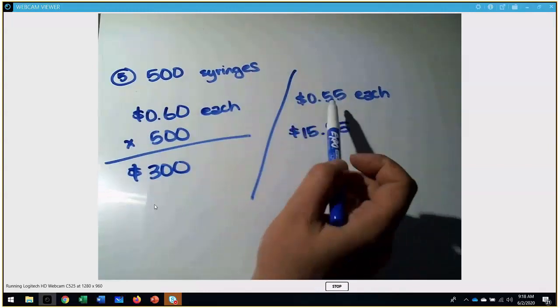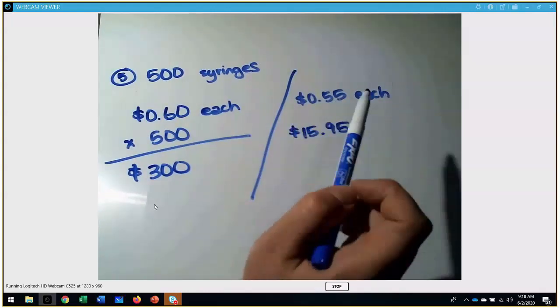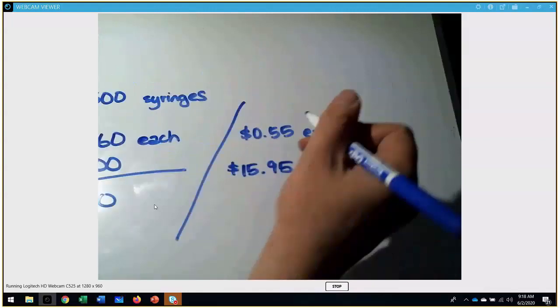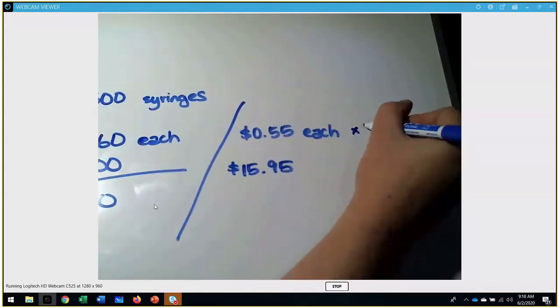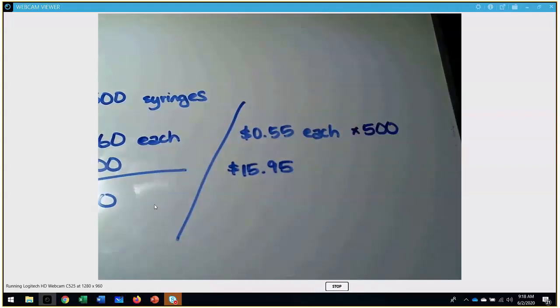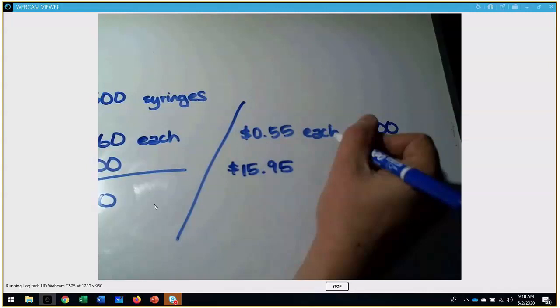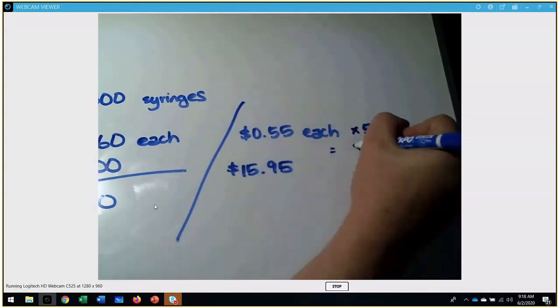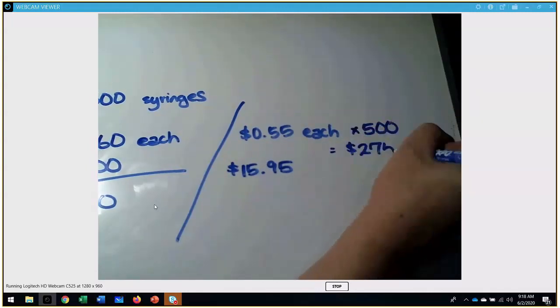Over here, it's 55 cents each. We're buying 500. So multiply that. That'll cost us $275.